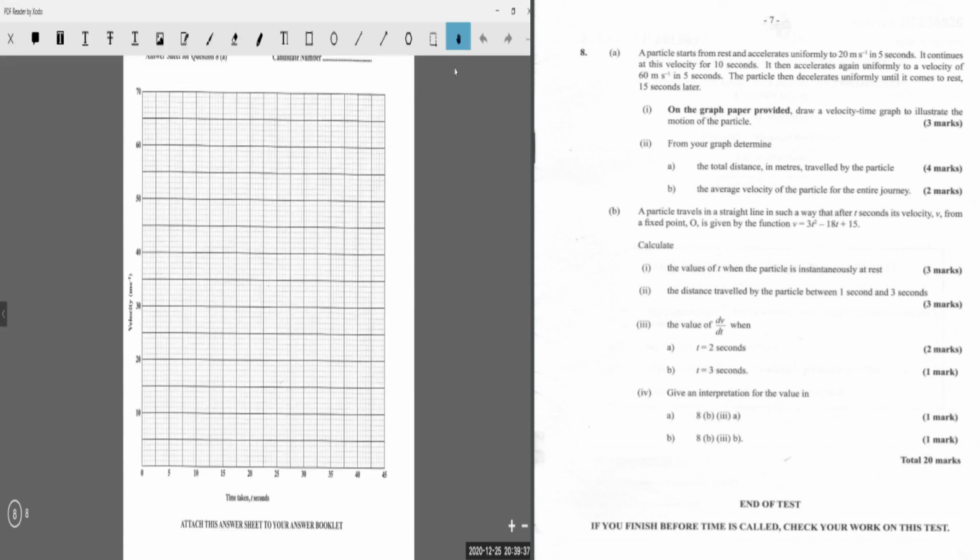They told us that the particle started from rest and then accelerates to 20 meters per second in 5 seconds, so it goes right here. Then they said it continues at this velocity for 10 seconds more, and 5 plus 10 is 15.